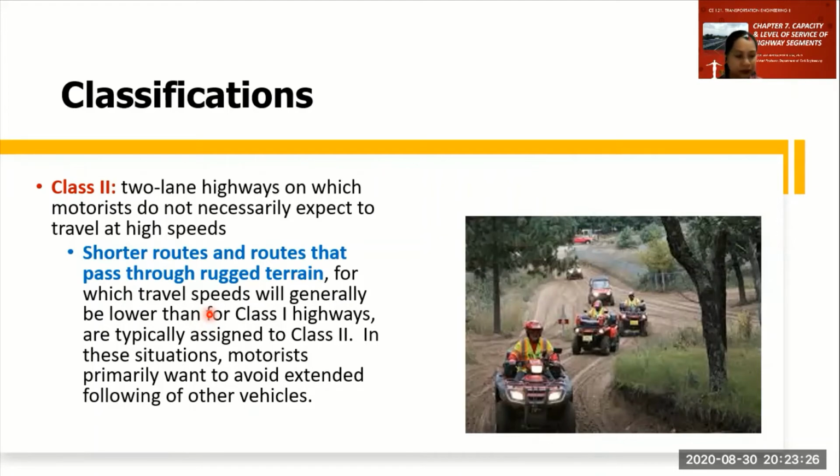Usually Waze, when I use it, I observe that it leads me to shortcuts, and these shortcuts can be smaller roads where you can go round and round. Shorter routes may pass through rugged terrain, for which travel speeds will generally be lower than Class 1 highways. In these situations, motorists primarily want to avoid extended following of other vehicles.